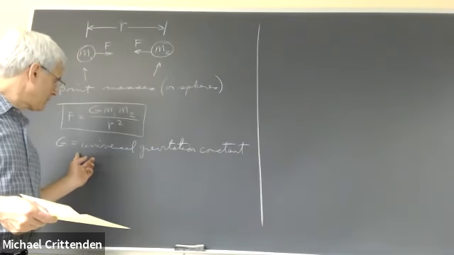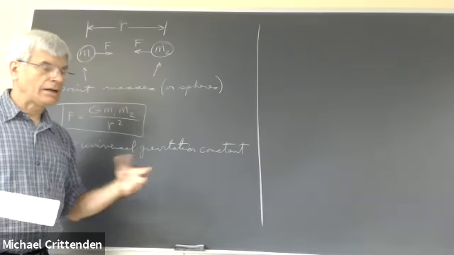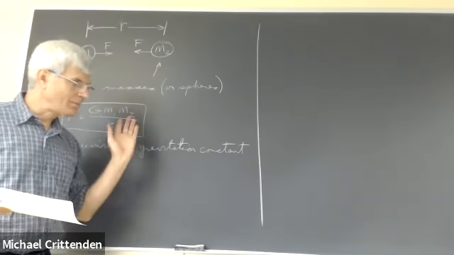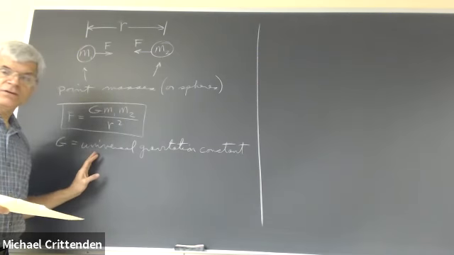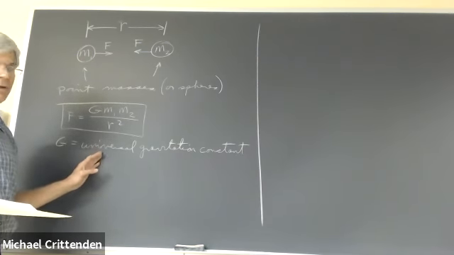Capital G, on the other hand, is one of those things like the gas law constant. There's a bunch of constants like that. A universal constant means it's the same everywhere in the universe, all times, all places.